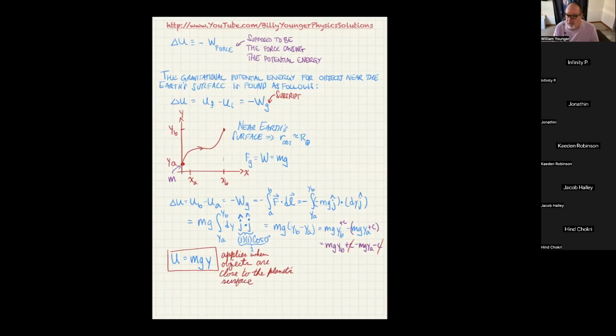In other words, their altitude is very small compared to their radius. So we've got that. And I also want to remind you that y equals 0 can be anywhere.